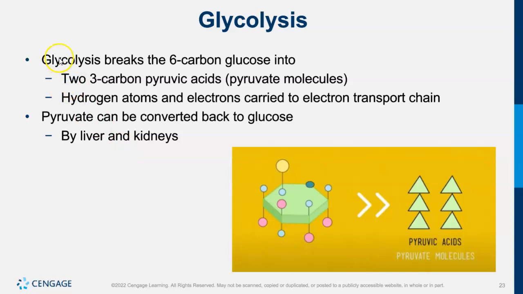So glycolysis is the process that breaks glucose, a 6-carbon molecule, into 2 pyruvate molecules, which are both 3 carbons each. I wish it was that easy, that we just split the carbon in half and got 2 pyruvate molecules, but it's not.